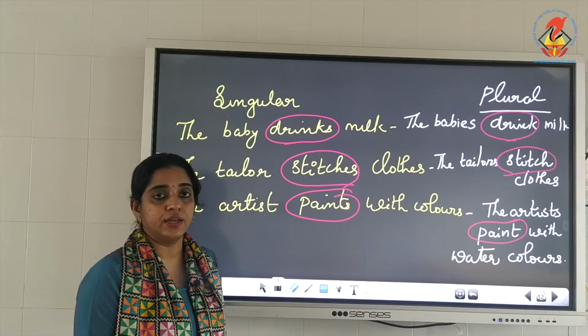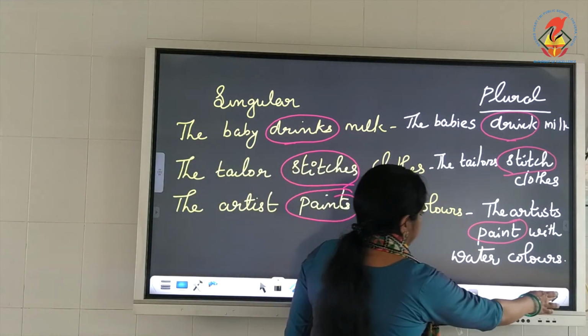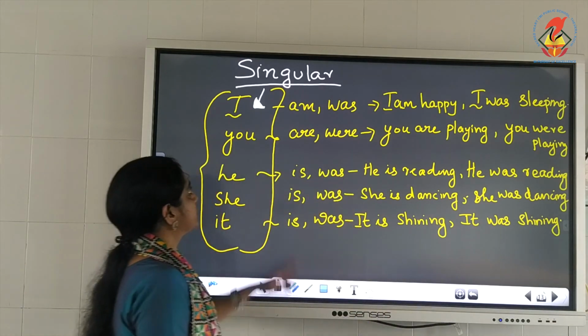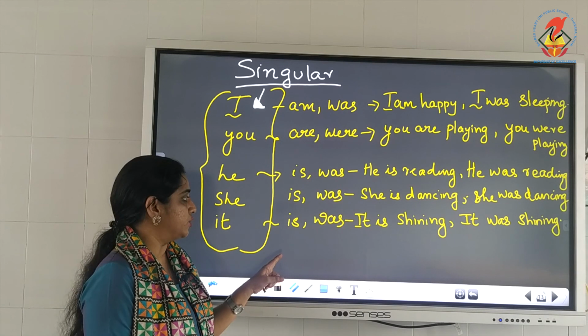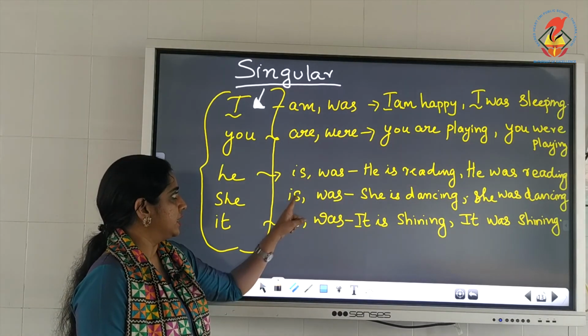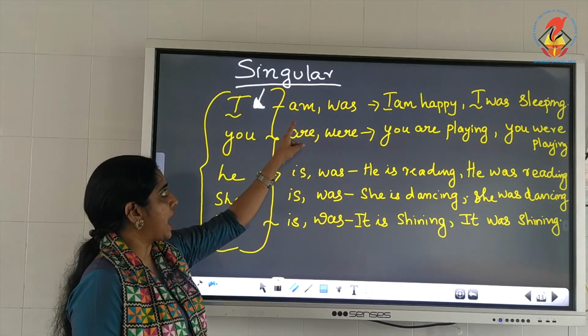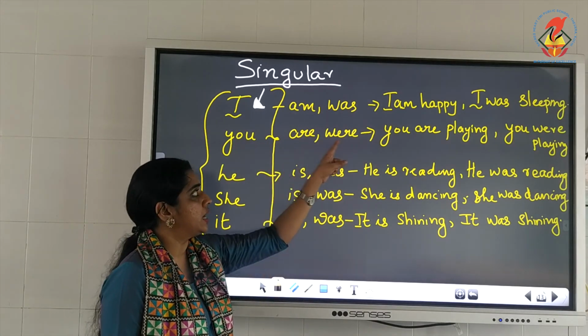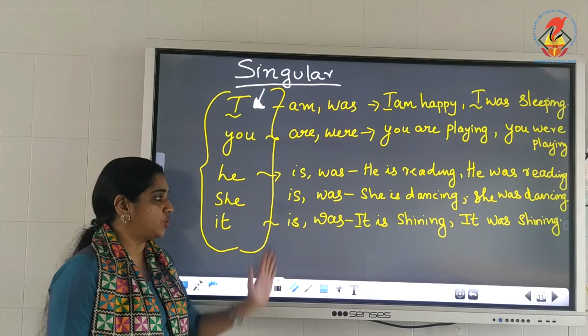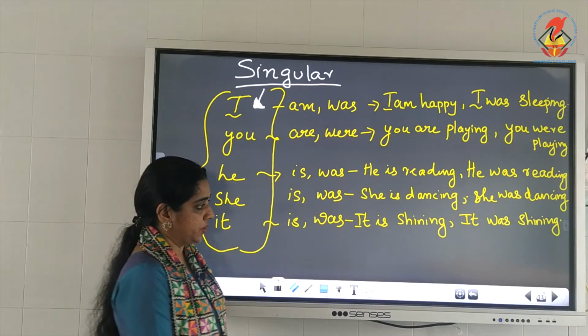This is already there in the textbook. Then, I, you, he, she and it, which verb forms are used. Is and was, are and were, am and was is used with I, then for you, are and were. This is something which you already know. This is very easy.